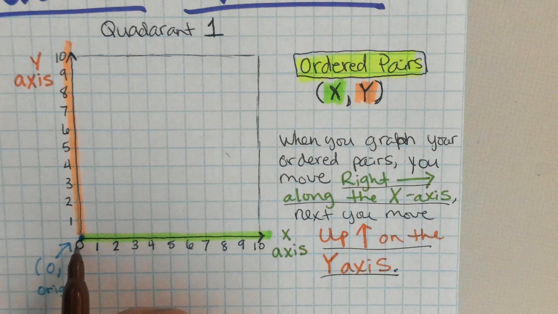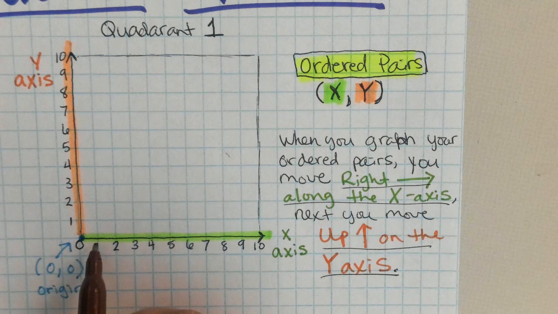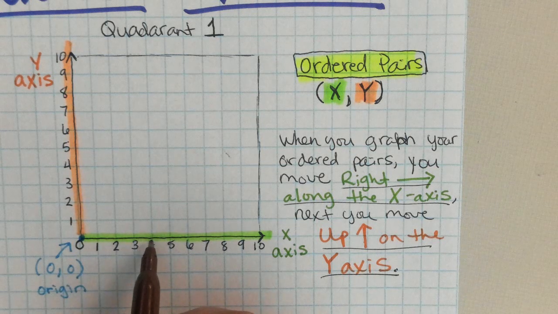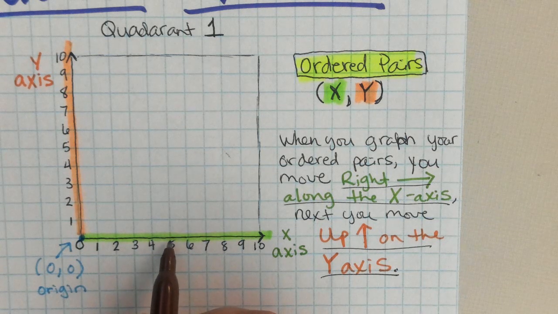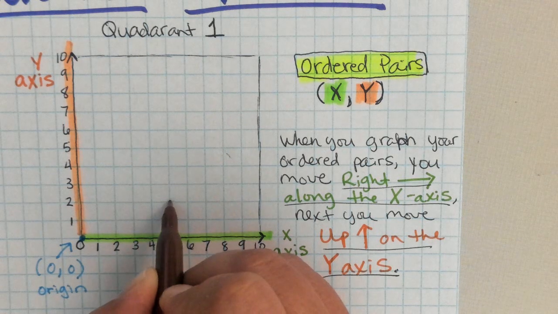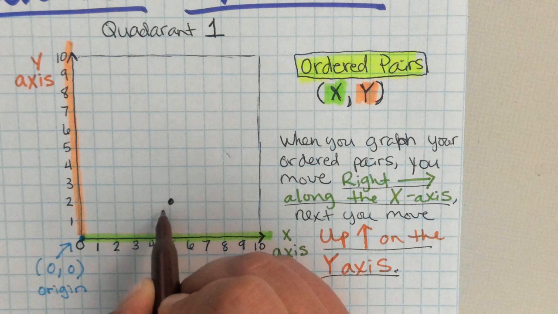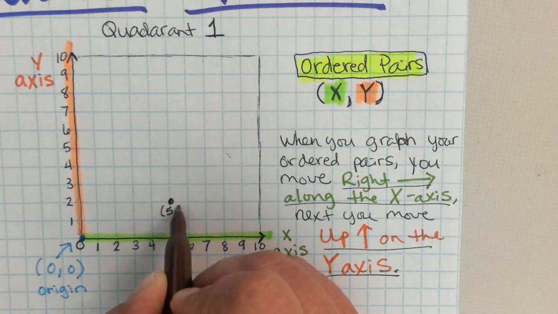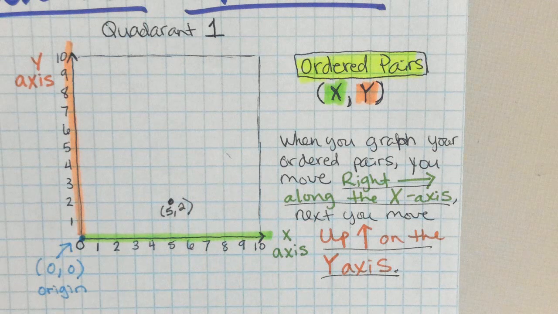I'm not going to mark anything, but I'm just going to move 1, 2, 3, 4, 5 on the x-axis, and then I'm going to move 2 up on the y-axis. So 1, 2. And that would be the ordered pair 5, 2.